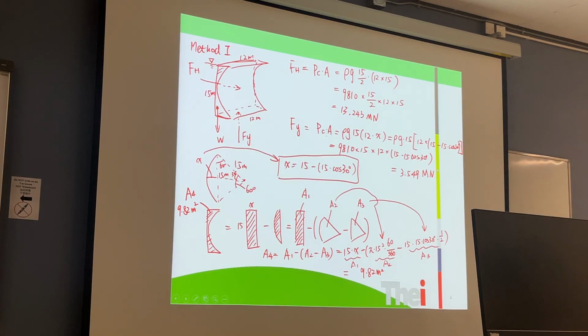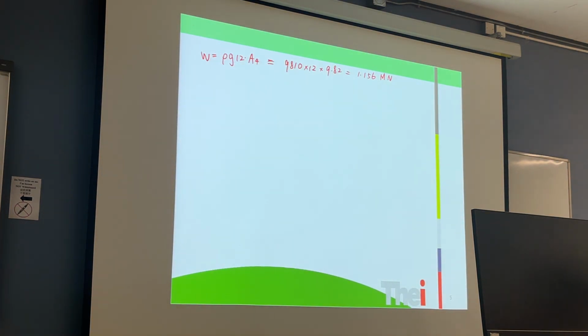The Fy is pointing upward. W, the self-weight, is pointing downward.